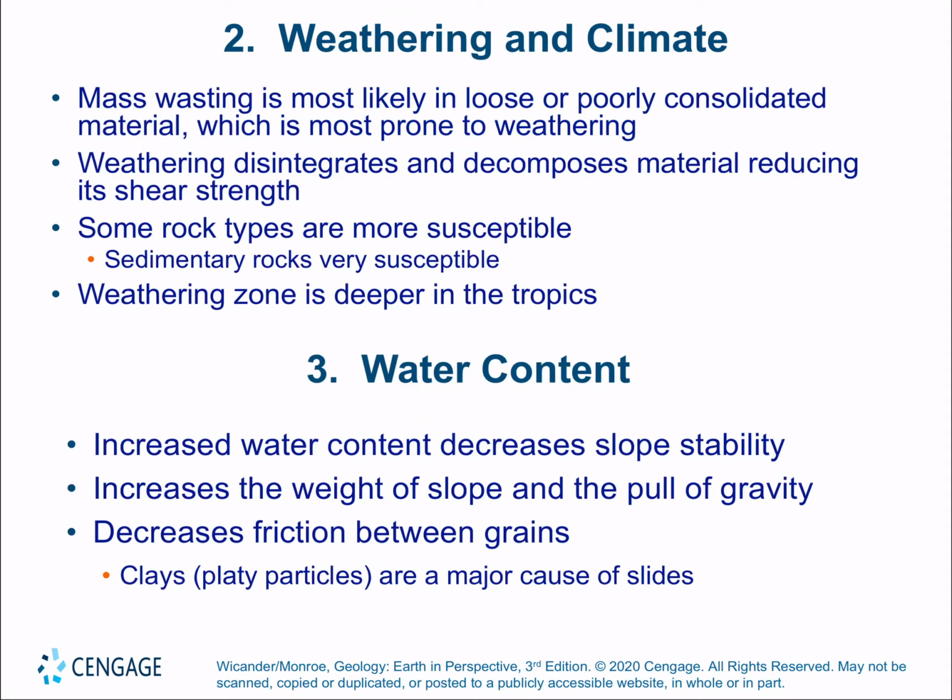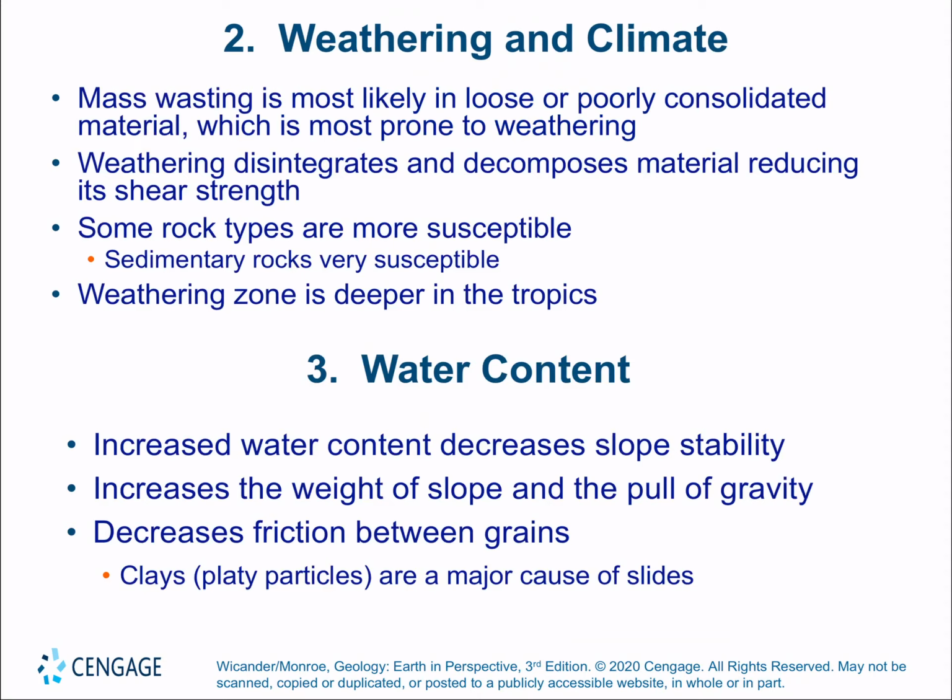Remember, weathering is going to cause materials to disintegrate, to break up, to decompose. So it's going to reduce the shear stress. Some rocks we see are more susceptible to weathering, sedimentary rocks being very susceptible. As you go deeper into the tropics, the weathering is going to increase.